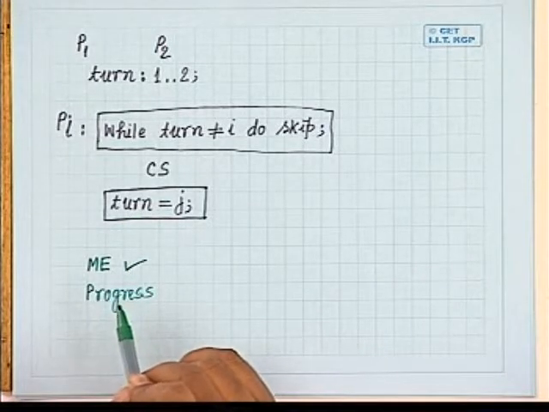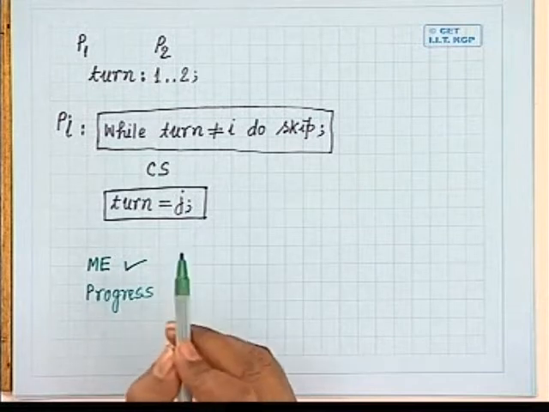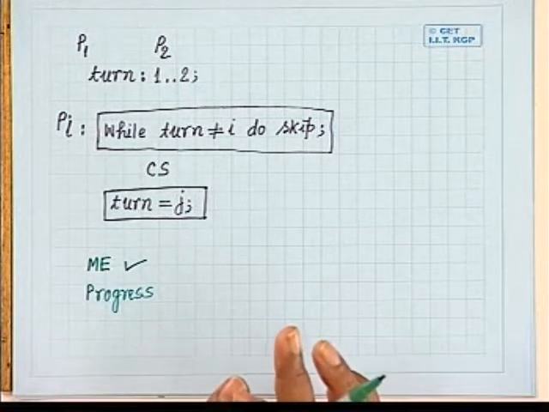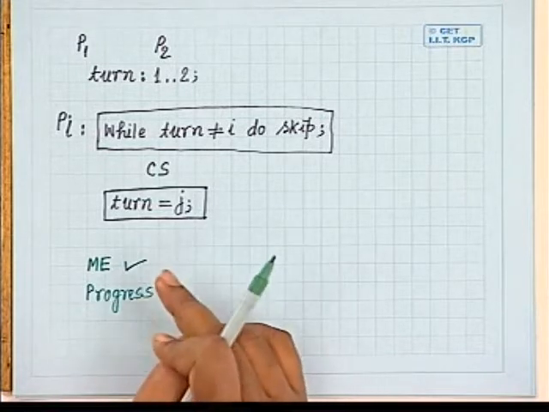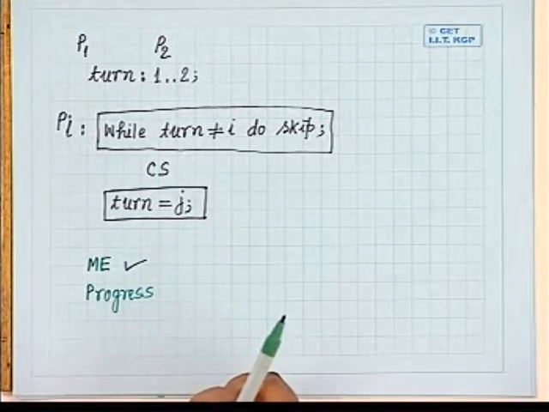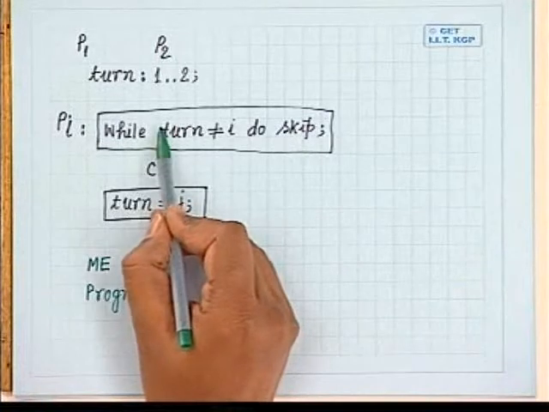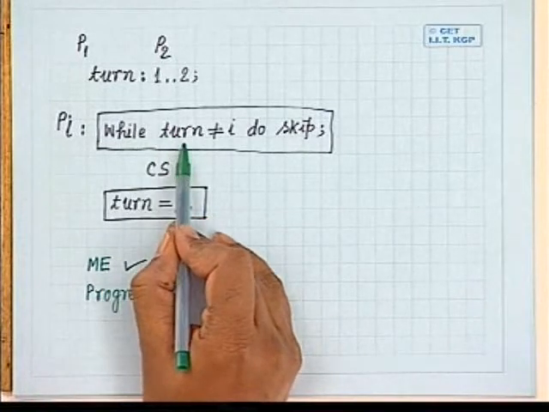But it may so happen that process P2 does not want to enter the critical section at all. Right? But next time, process P1 wants to enter the critical section again, while P2 does not want to enter. So again, P1 will enter the entry section. In the entry section, it will find that turn is equal to 2.